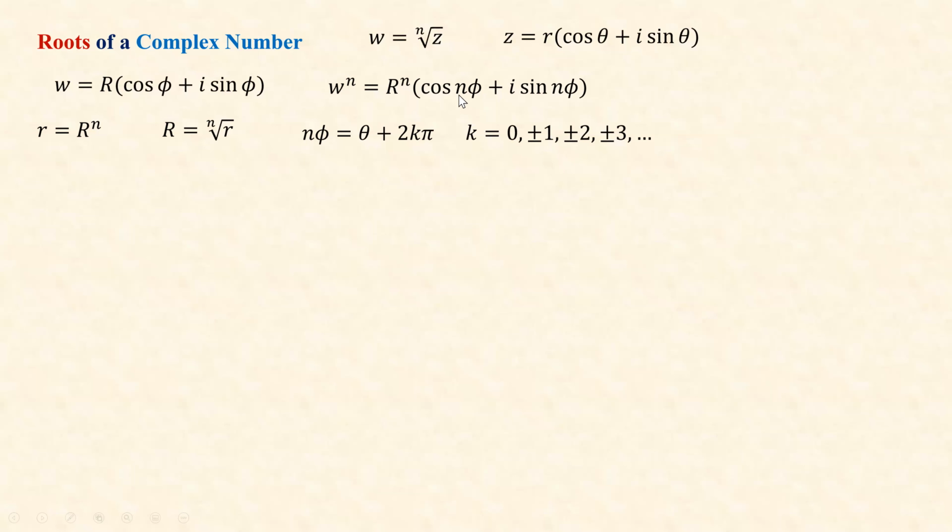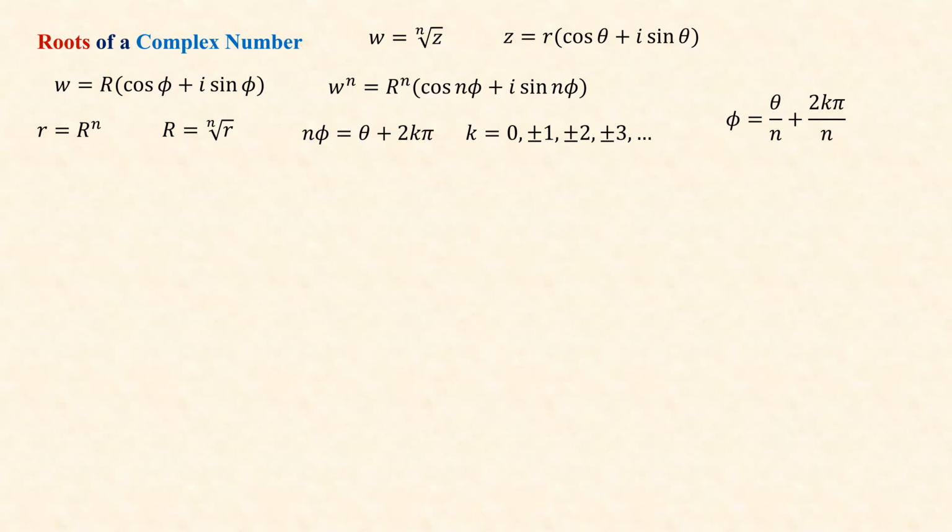But then n phi should be equal to theta, but you know that we can add a multiple of 2 pi to the argument, and it will be the same complex number. Therefore, n phi is not only theta, it is theta plus 2k pi. In general, k can be any number, but if you keep going through different values of k, these numbers repeat themselves.